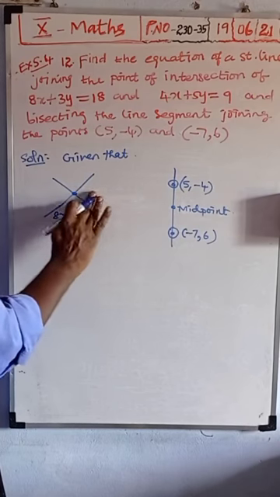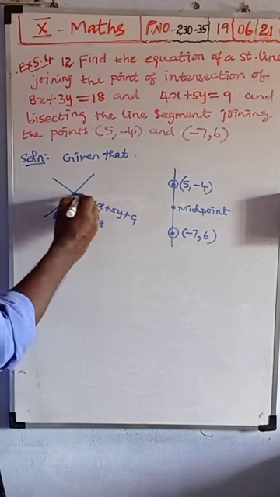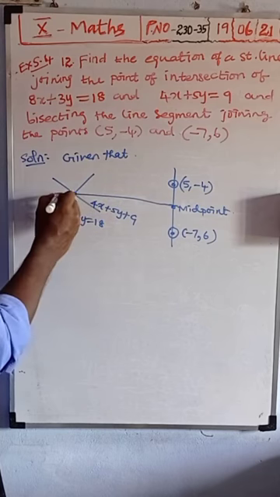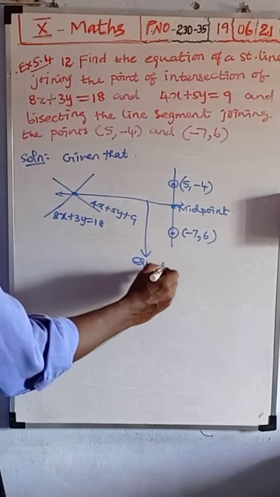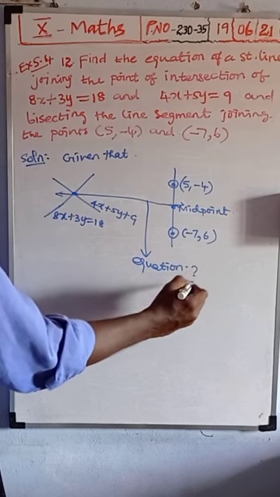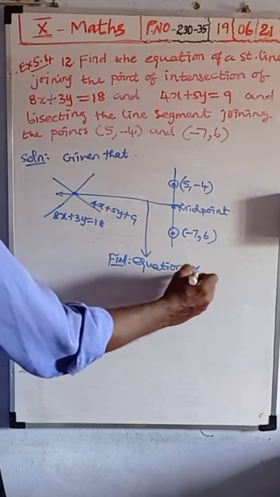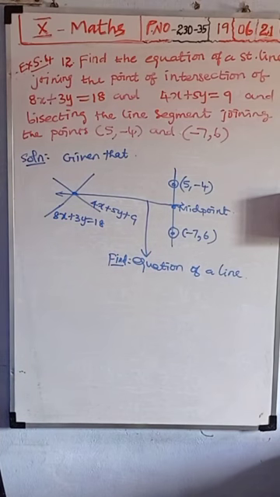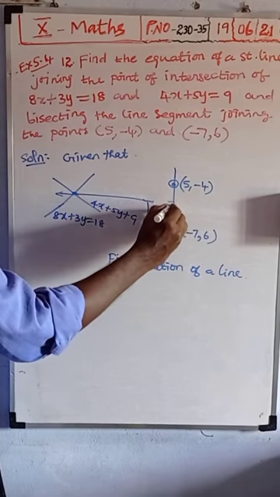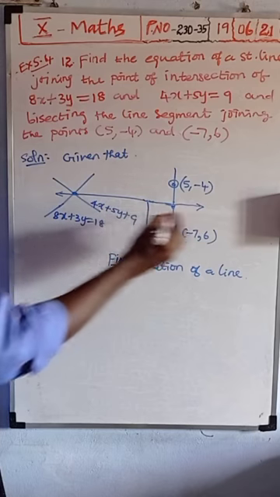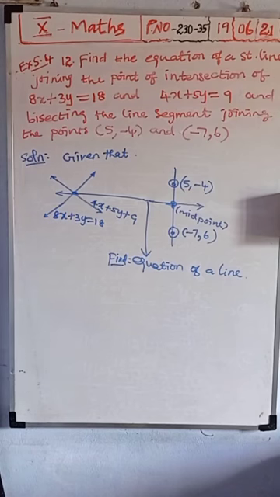So you should join these two points and we will get one line. So this line's equation we want to find. Find the equation of a line. Okay, this line we want to find. Straightly you want to draw this. So this equation only we want to find.